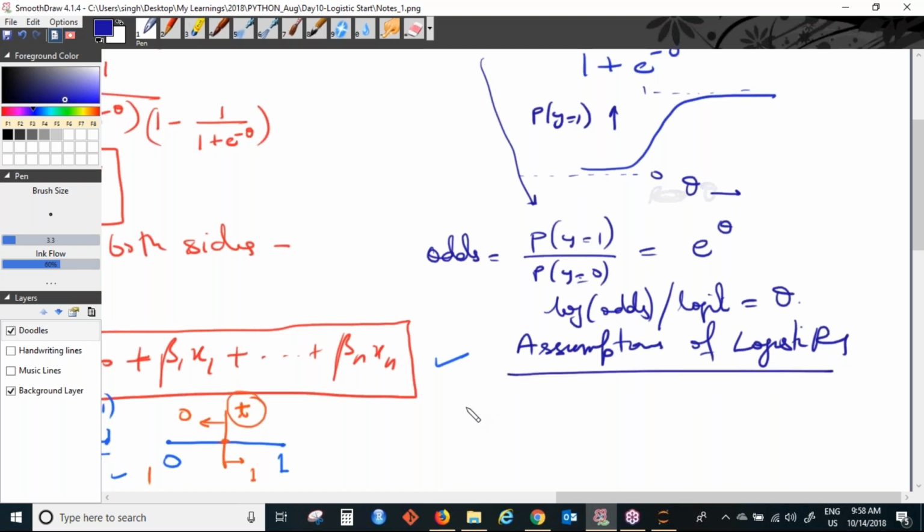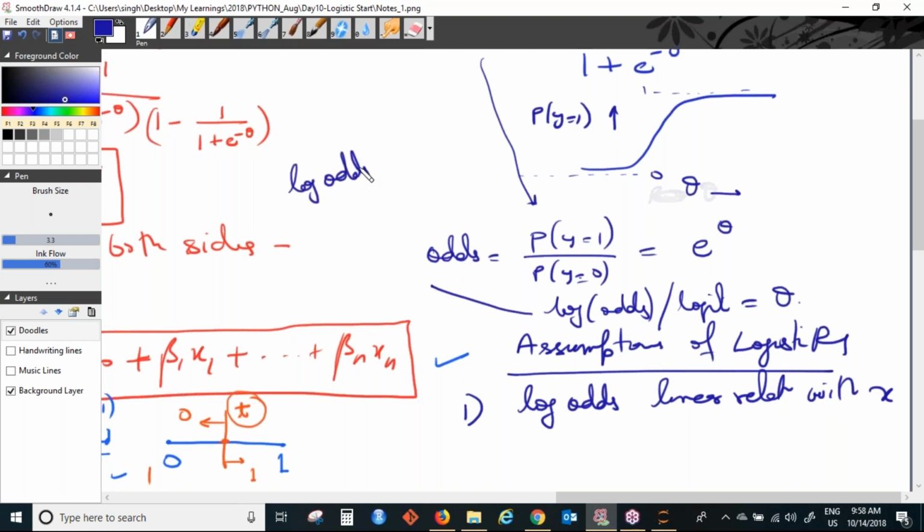Okay, so the first assumption is that log of odds should have a linear relationship with x. So what are we getting here? In this equation, we are getting log of odds or logit is equal to beta naught plus beta 1 x1 plus all the others. So what can we say here looking at this?